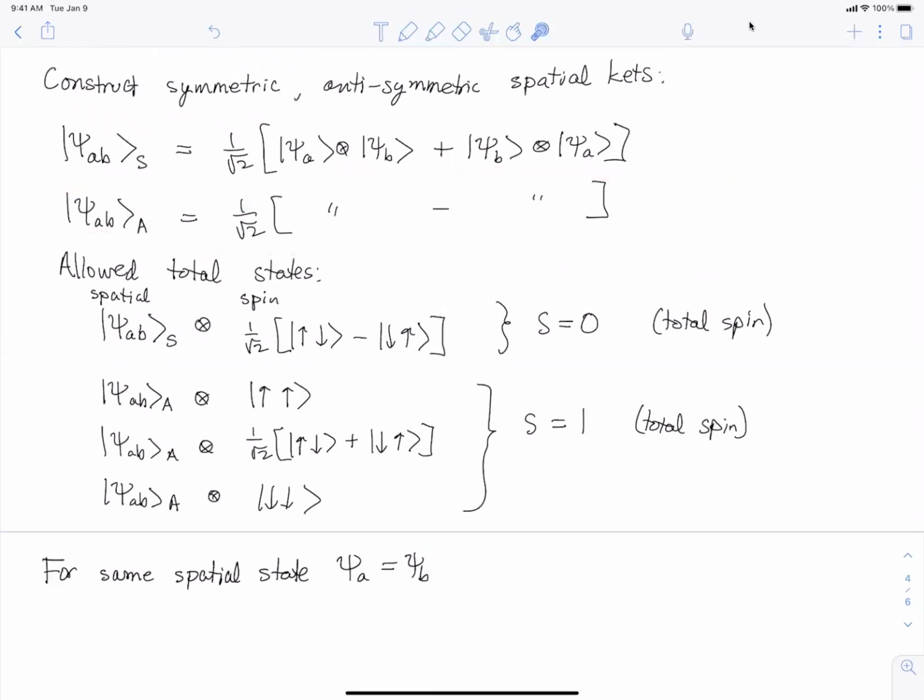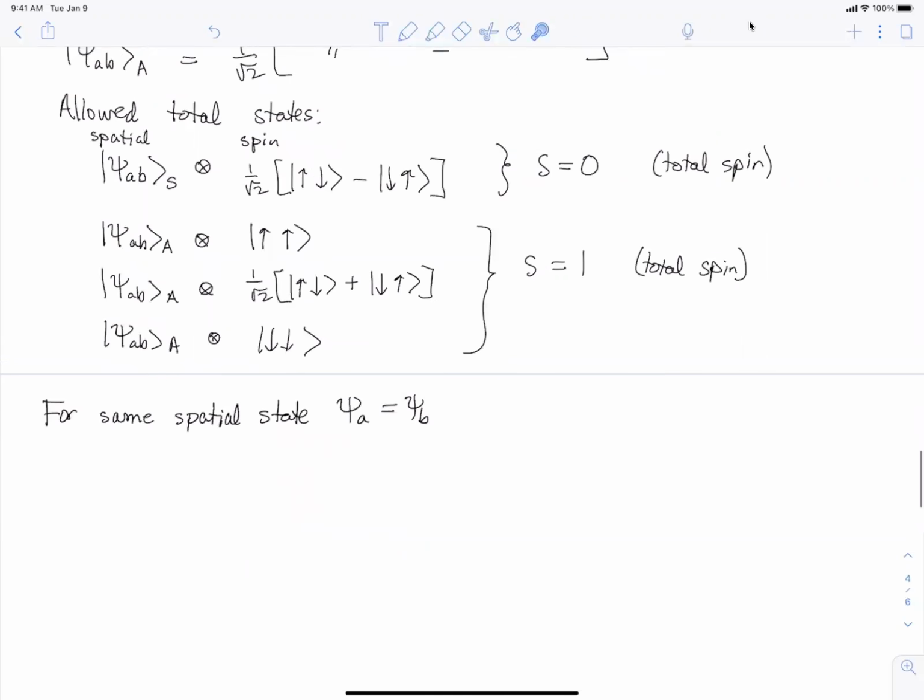I'm subtracting the same thing from itself. So that means the only thing I can get is s equals 0, and so the superscript is 1. And so the allowed spectroscopic notations are 1S0, 1P1, 1D2, 1F3. These are the allowed things for 2 electrons in the same spatial state.